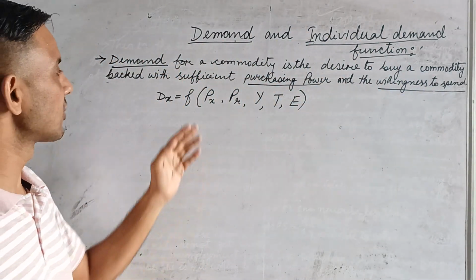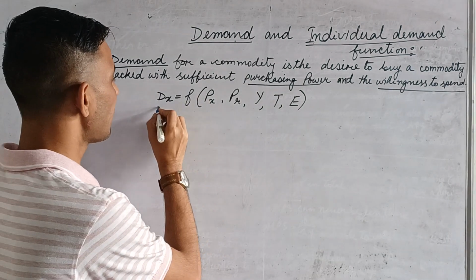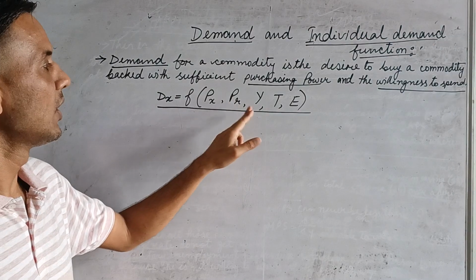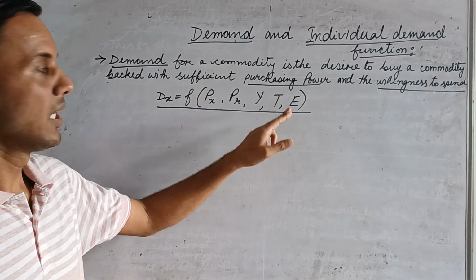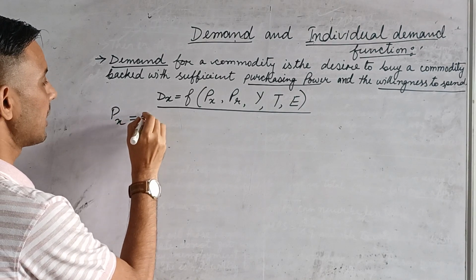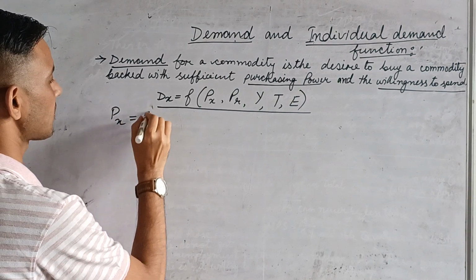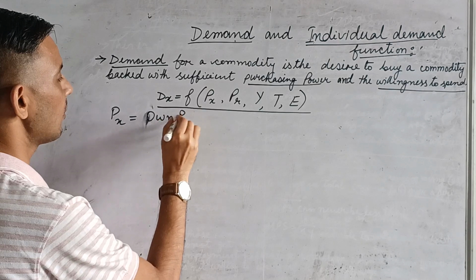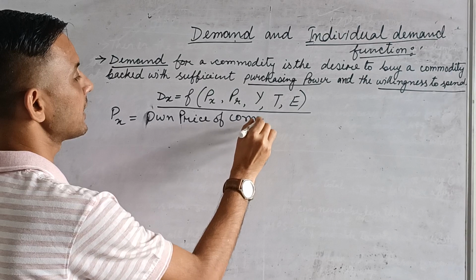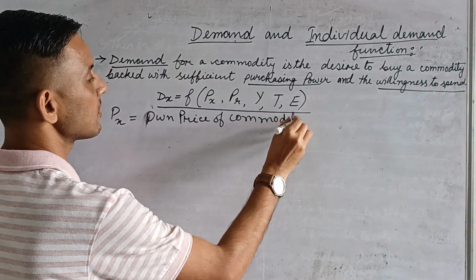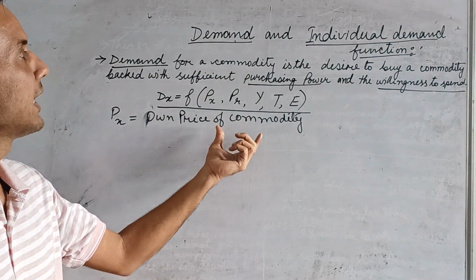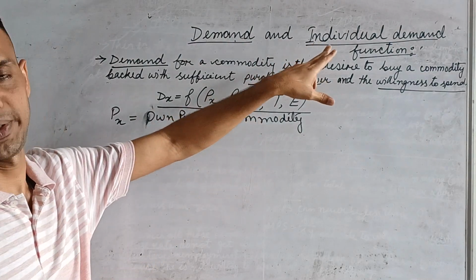Now in the demand function, Dx is a function of Px, Pr, Y, T and E. First, Px means own price of the commodity. The price of the commodity can determine the demand.